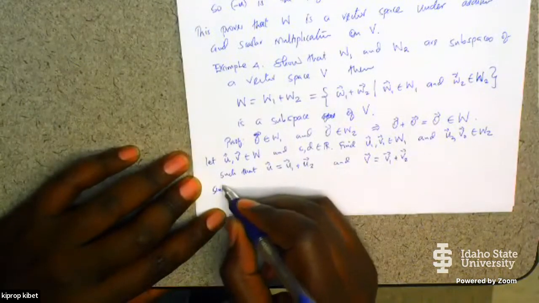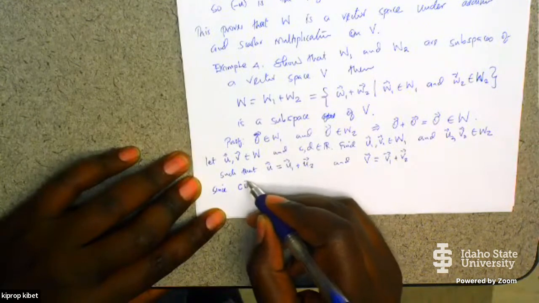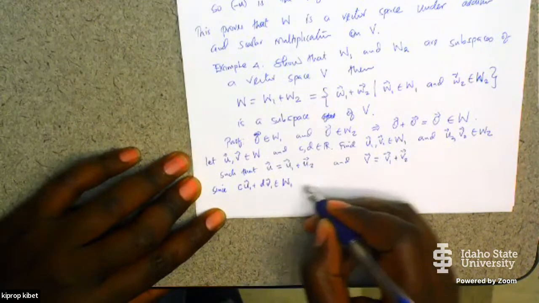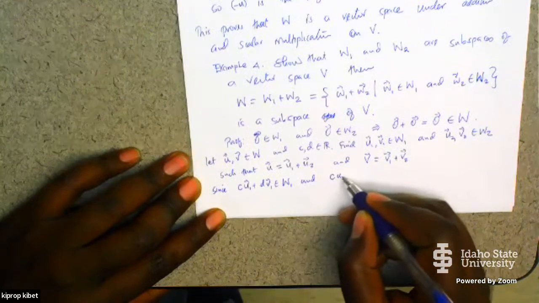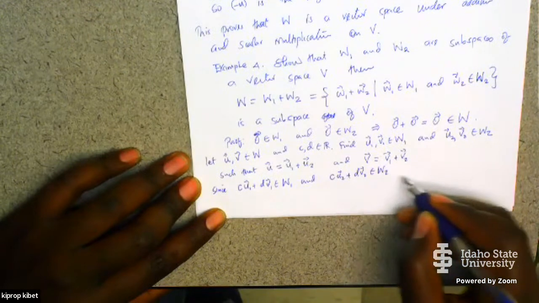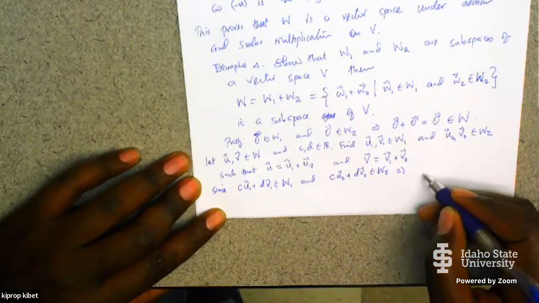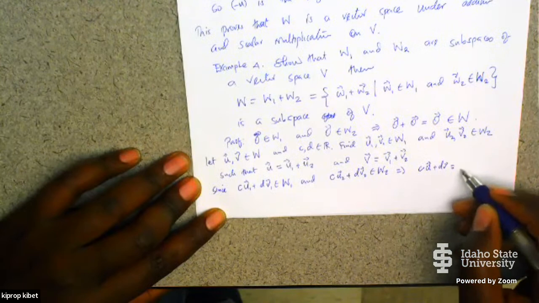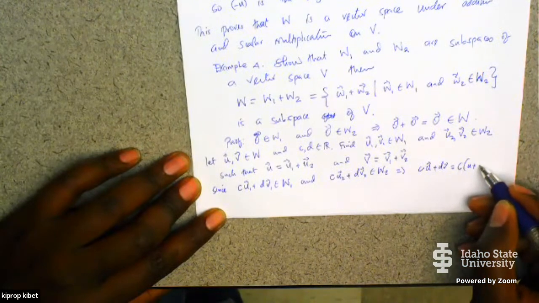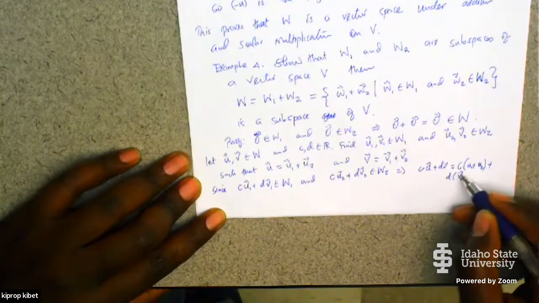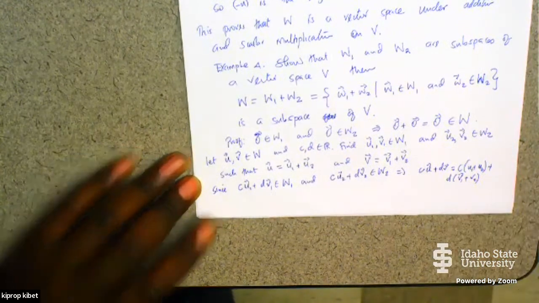Since CU1 plus DV1 is in W1 and CU2 plus DV2 is in W2, then CU plus DV is equal to C(U1 plus U2) plus D(V1 plus V2).